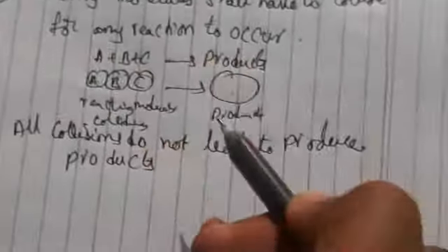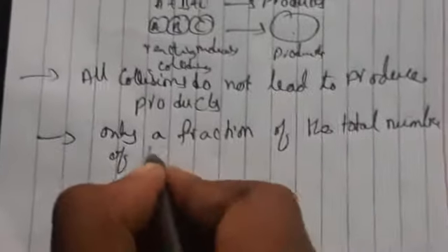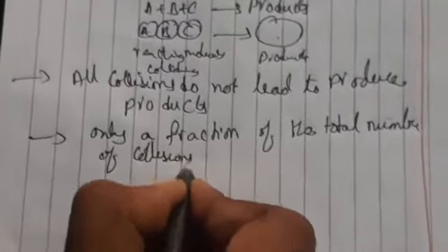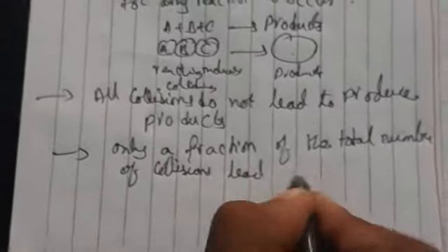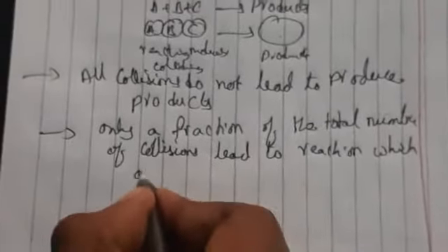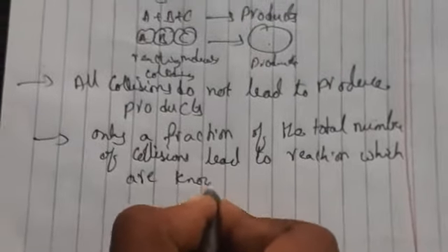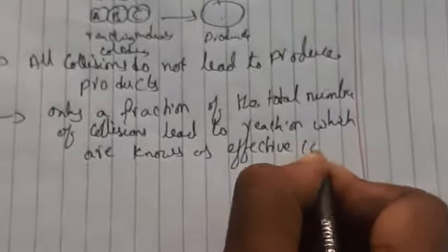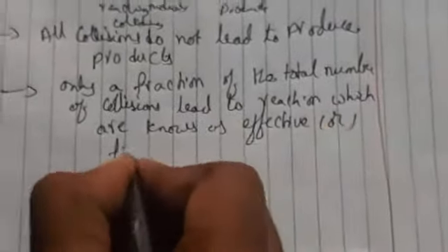Only a fraction of the total number of collisions leads to reaction, which are known as effective collisions, or fruitful collisions.